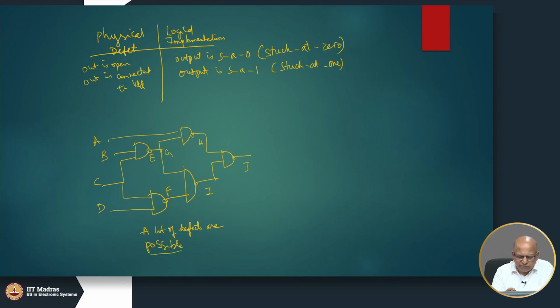If you enumerate the defects, you have to go and look at the actual layout of this circuit, and maybe the output of this is disconnected. So, it may be open, this could be open, or this could be shorted to this, could be shorted to this. So, so many things could occur.